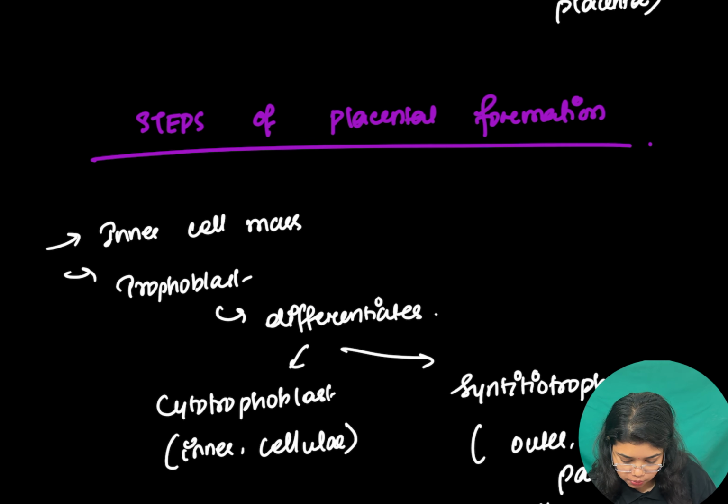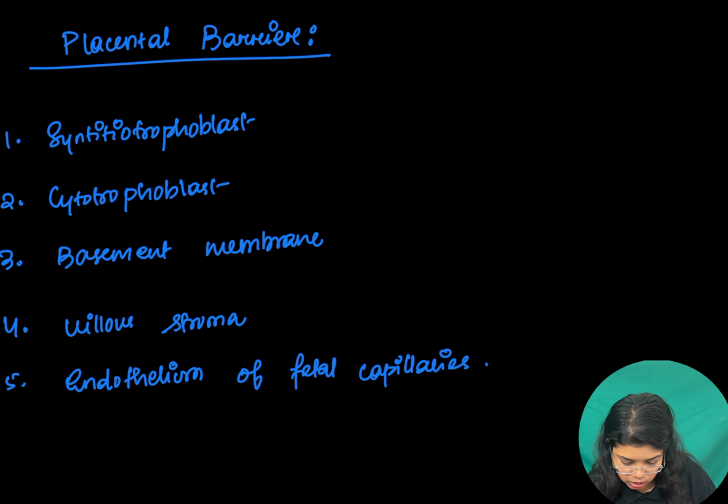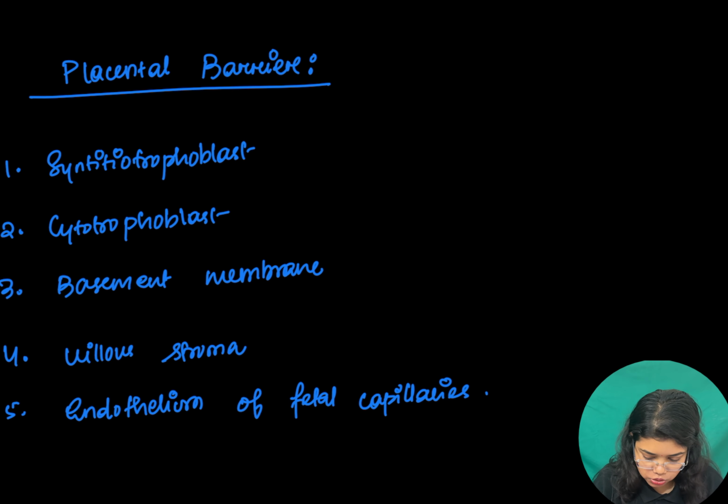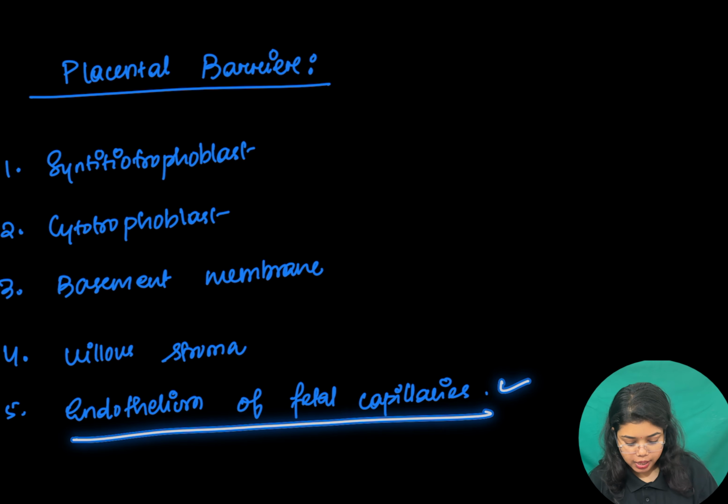So what is the placental barrier? What does it consist of? The placental barrier consists of syncytial trophoblast, cytotrophoblast, the basement membrane, villus stroma, and endothelium of the fetal capillaries.